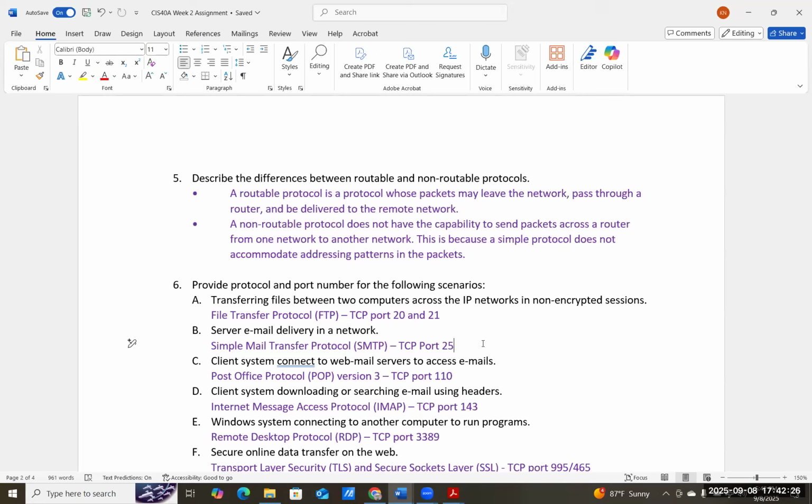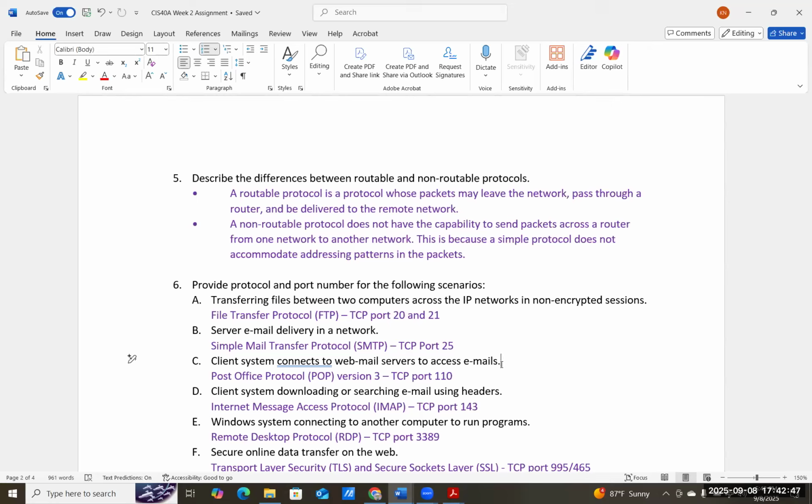The client system connects to webmail servers to access emails. This is what you see with POP version 3, Post Office Protocol version 3, TCP port 110.